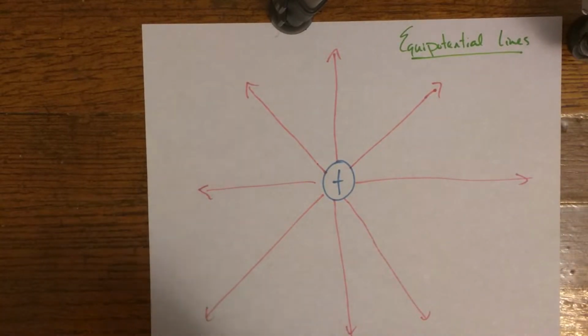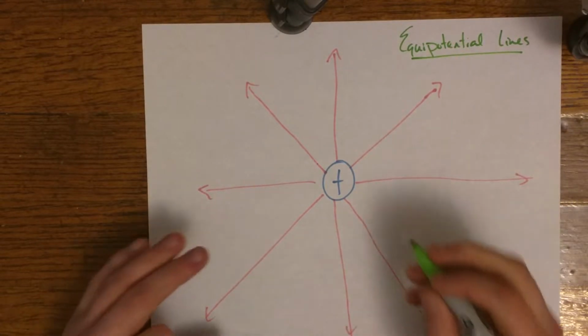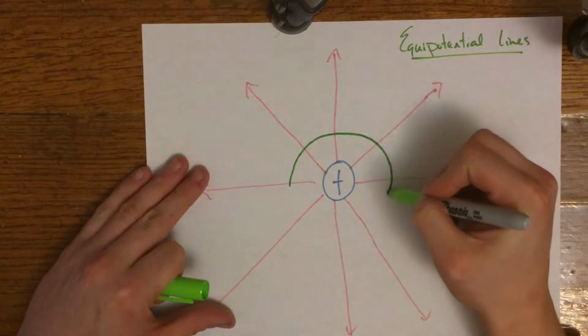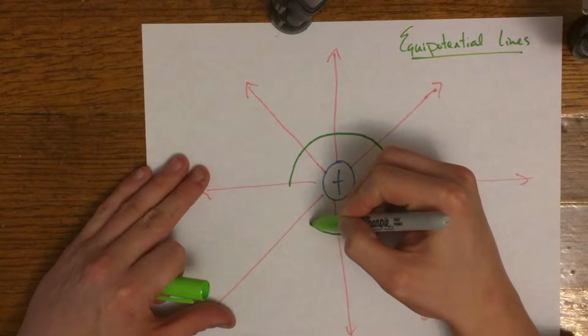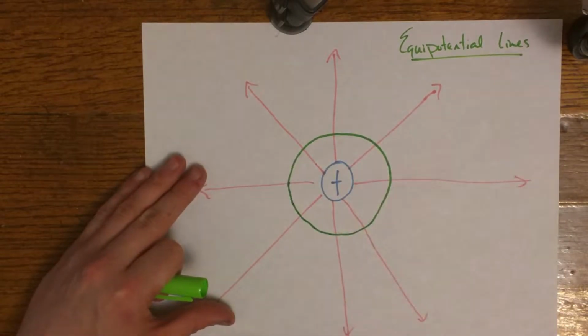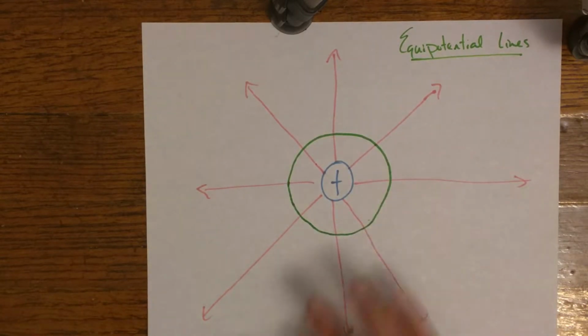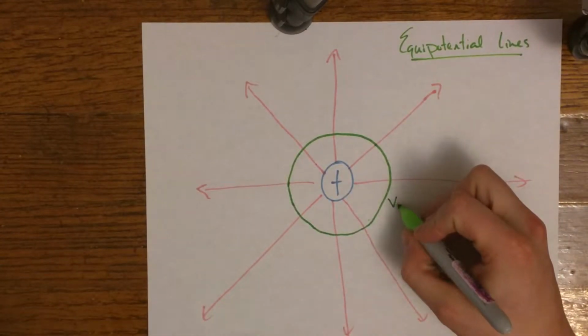Cool. Now, I want to define something for you, and that thing is an equipotential line. Those are lines that define where equal potential is in space. So all of these points along this circle have the same potential.